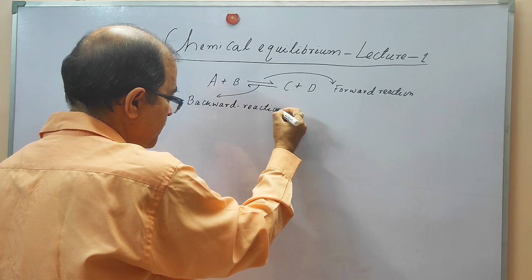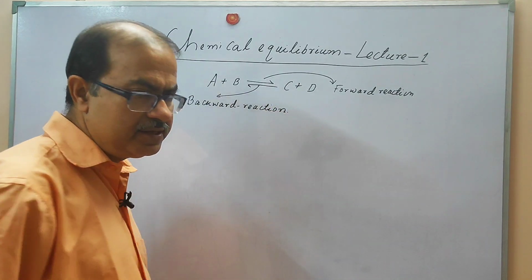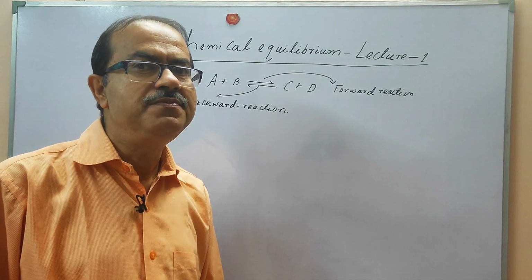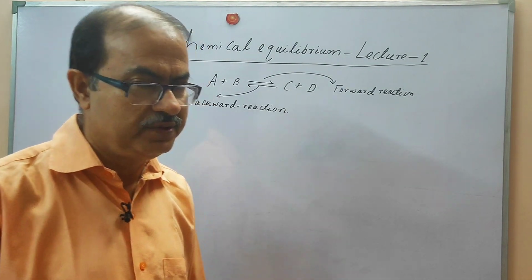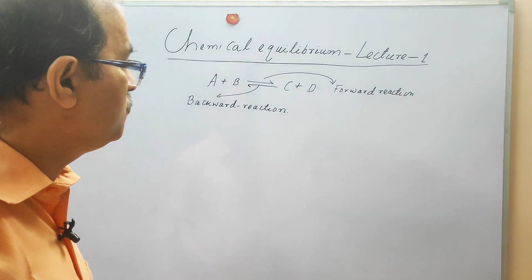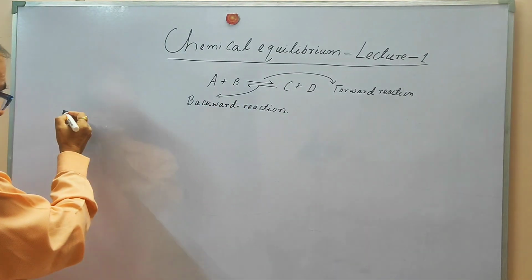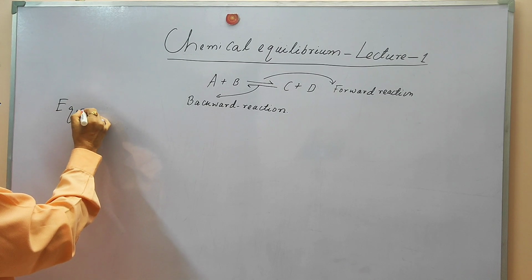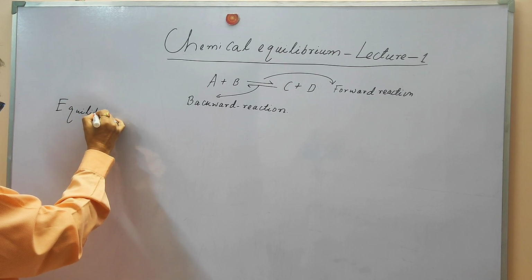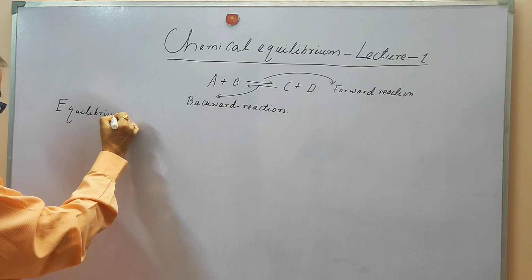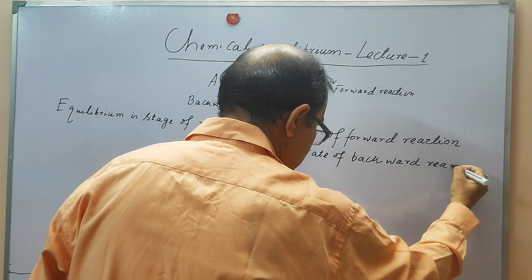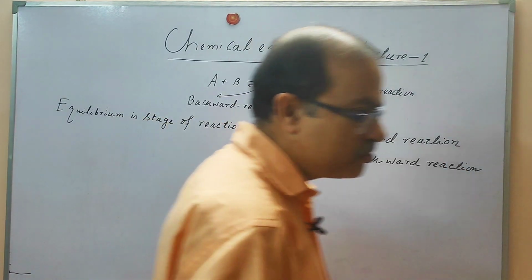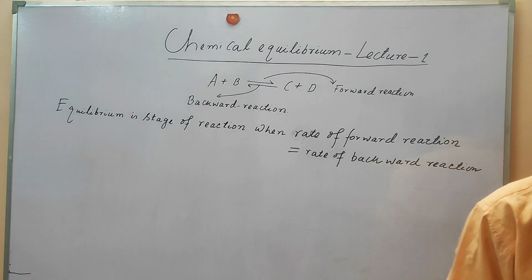Now what is equilibrium? A reversible reaction of this type will achieve the equilibrium stage. Equilibrium is basically a stage of the reaction. So this is the condition of equilibrium.